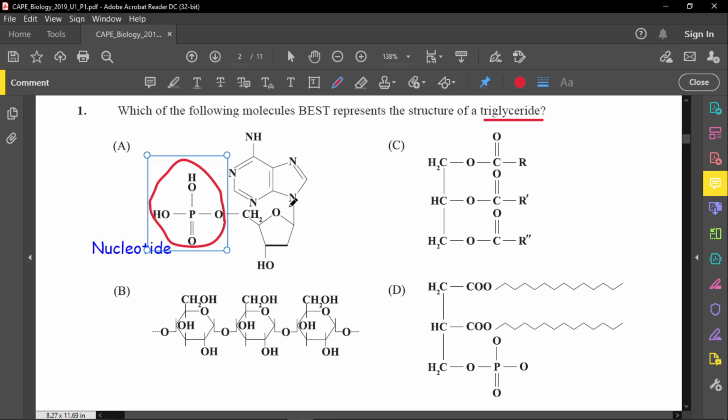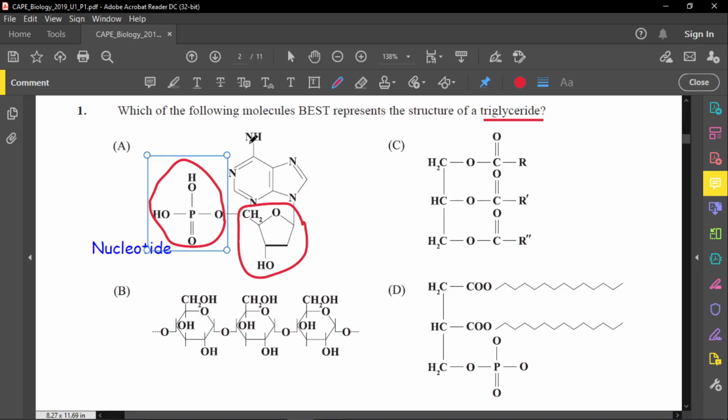It also contains a 5-carbon sugar, which is a pentose, and there are 2 types of them that are found in nucleic acids or nucleotides. They are either ribose sugar or deoxyribose sugar. Now the ribose sugar is found in RNA, and the deoxyribose sugar is found in DNA.